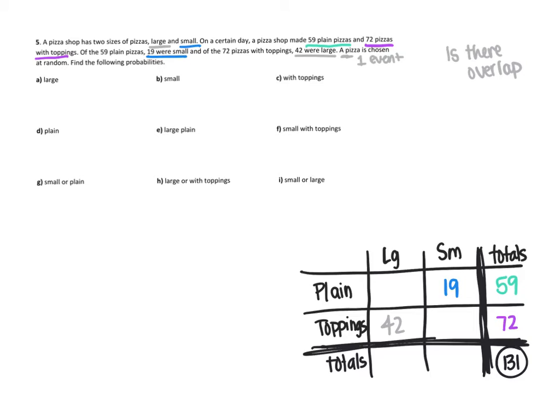All right, so if there were 59 plain and 19 of them were small, then 59 minus 19 tells me that there were 40 larges. If there were 72 pizzas with toppings and 42 were large, 72 minus 42 is going to give me 30.